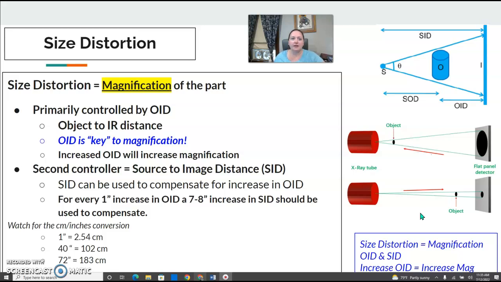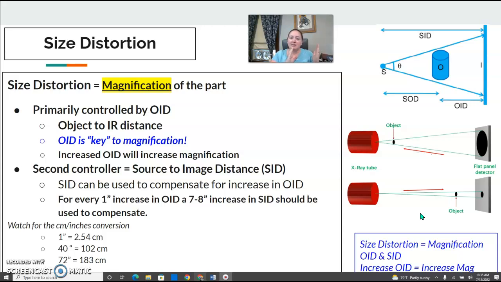So if you think of, say, a lateral cervical spine x-ray for an example, right? We have a big OID because of where the bucky is and where your cervical spine is. We can't change that. We can't, say, take their shoulder off and move them closer to the board. It's not how that anatomy works.